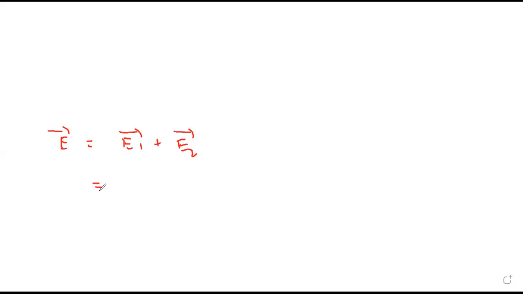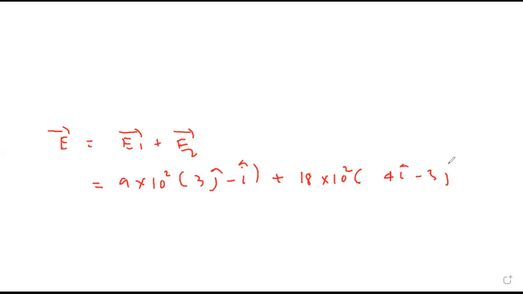What we got E1 bar as: 9 into 10 raised to 2, 3j cap minus i cap, plus 18 into 10 raised to 2, 4i cap minus 3j cap. Now you can take 9 into 10 raised to 2 common.